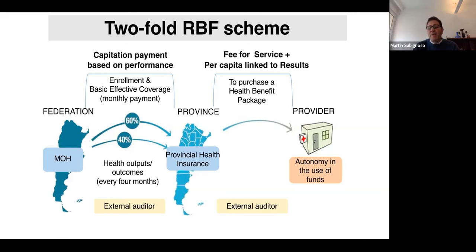Their decisions are mandatory for the provinces, the federation, and the facilities, and the external auditors can apply sanctions, financial penalties, for example, debits and fines, when they identify inconsistencies between what was done and what was reported or what was rewarded by the nation or by the provinces to the facilities.